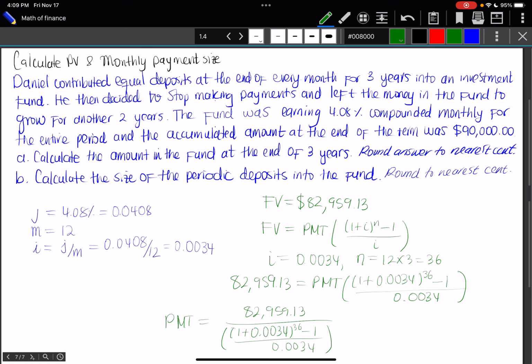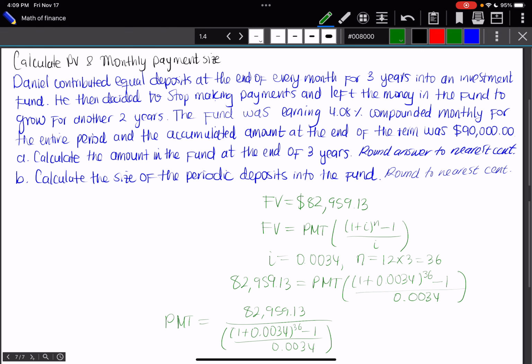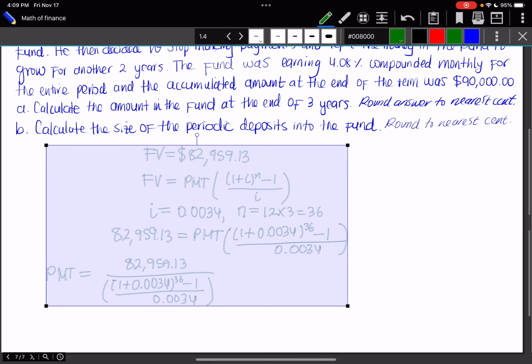If you're using a calculator, then you want to use the following expression. Let me just move this over a little bit here.